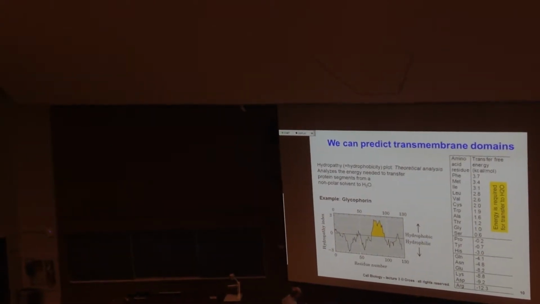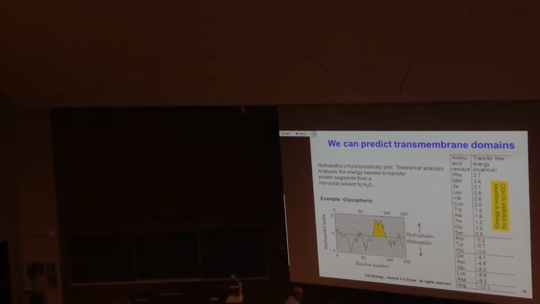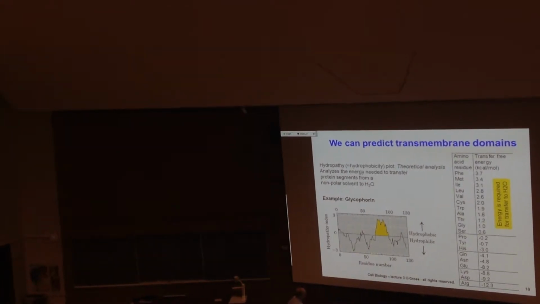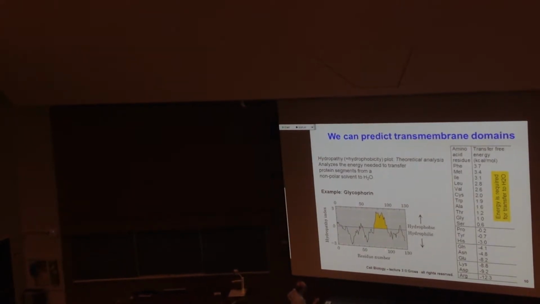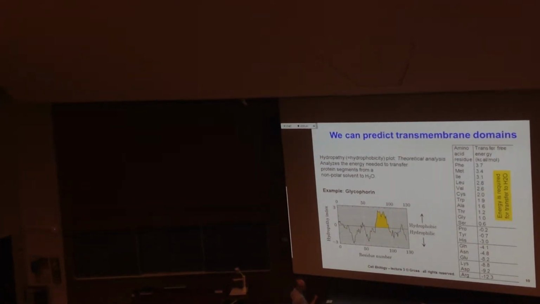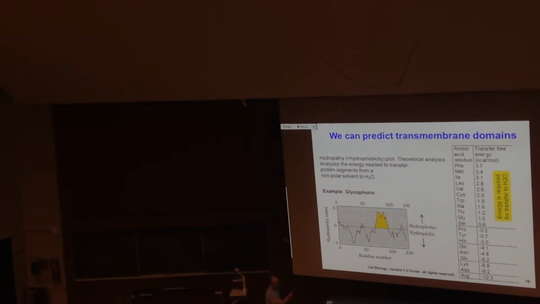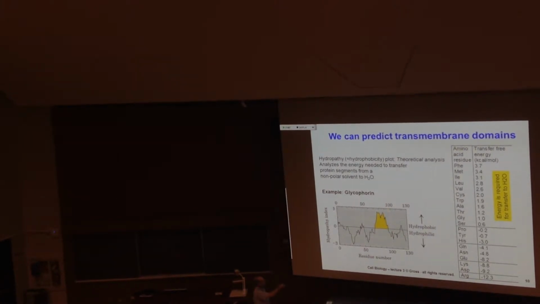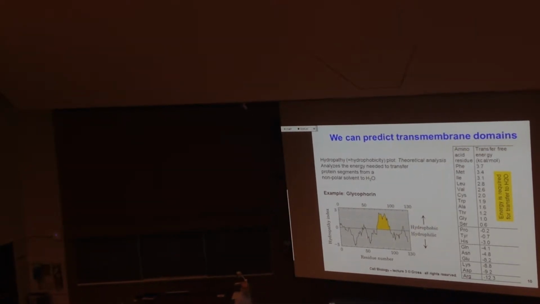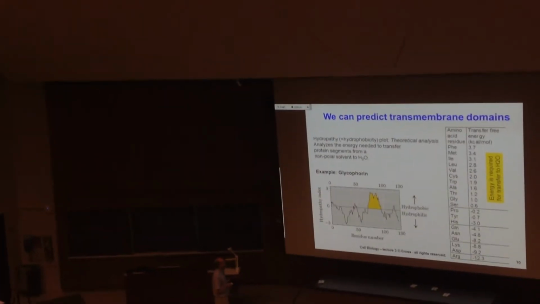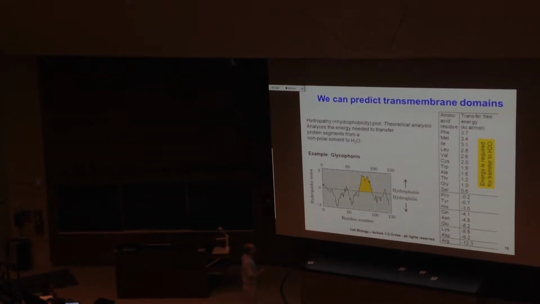If you look here, this is residue number, in increments of 10: 50, 60, 70, 80, 90, 100. What you see is this starts at about 70 and goes a little past 90, so that's a little more than 20 amino acids, so that's the right one. This went hydrophobic and stayed hydrophobic for long enough, so it's probably a transmembrane domain. And in fact it is, it's from glycophorin.